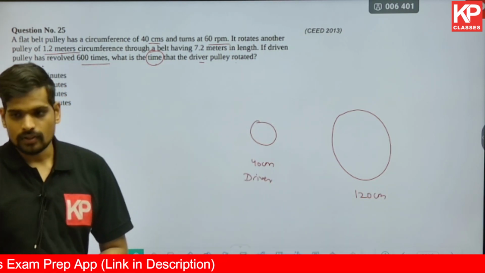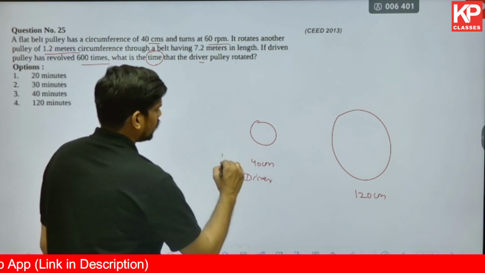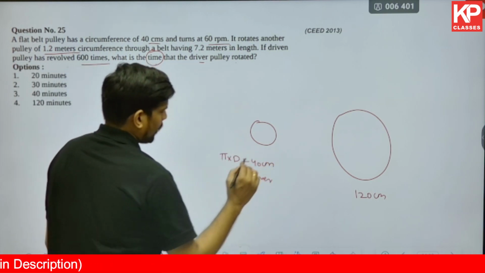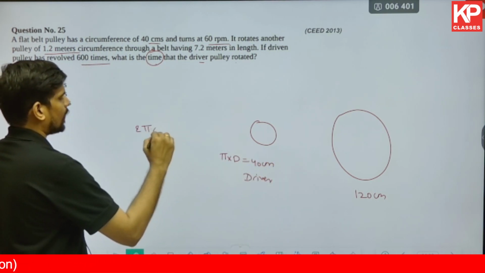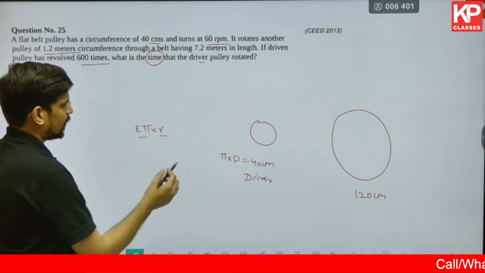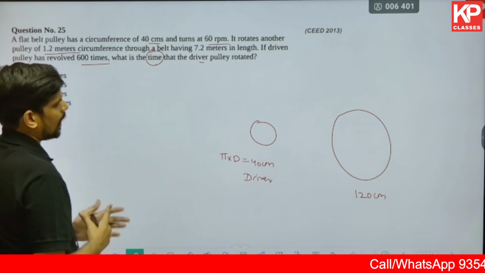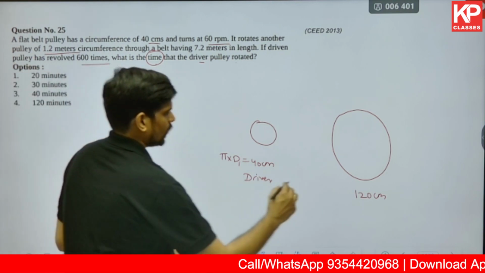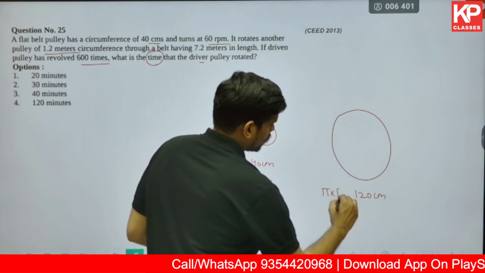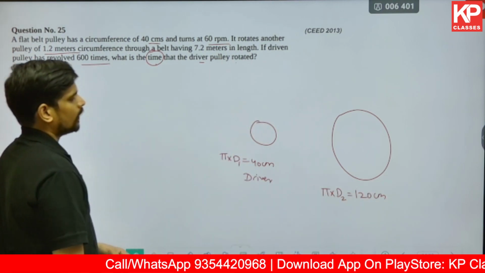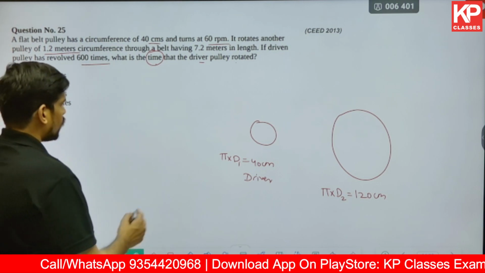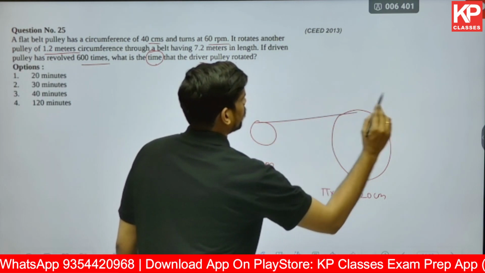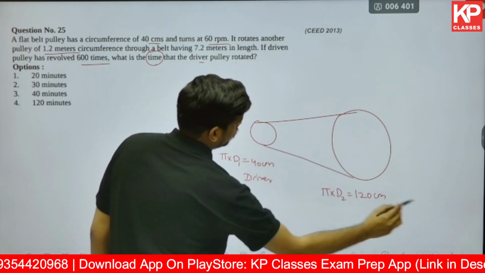So this is circumference already, it's not diameter, it is pi into diameter, because circumference is 2 pi r, and 2r is nothing but diameter. So pi into diameter 1 is 40, and pi into diameter 2 is 120. That's the driven one. These two are connected with a flat belt system.